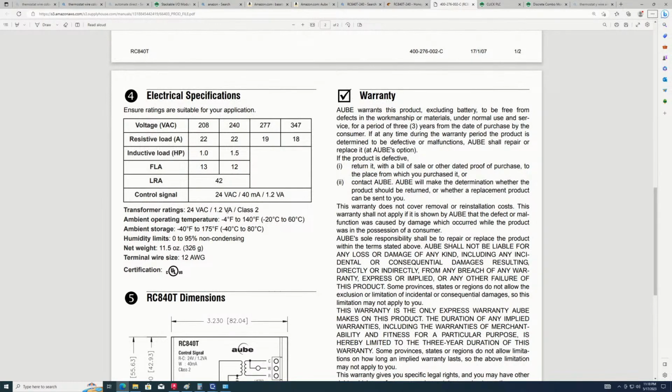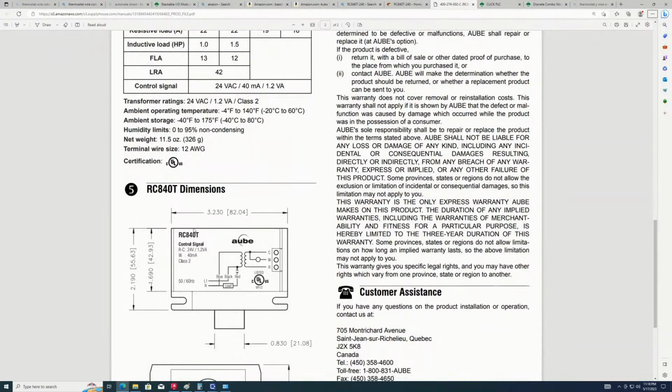Where do you see that? Last line, control signal: 24 VAC, 40 milliamp, 1.2 VA. Oh, right here, up higher. So you've got the FLA, the LRA, and the control signal. Oh yeah, I should have seen that. Oh, that's AC too. Okay.